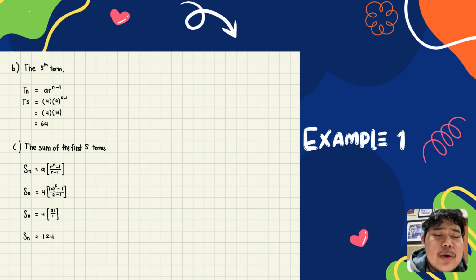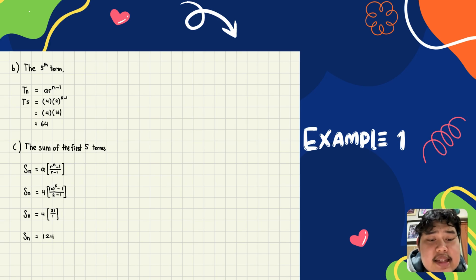That's for finding the fifth term. So now we're going to use the sum of the first 5 terms, so we need to use the Sn formula. So Sn equals A in bracket R power of n minus 1, and R divided by R minus 1 in the bracket too.